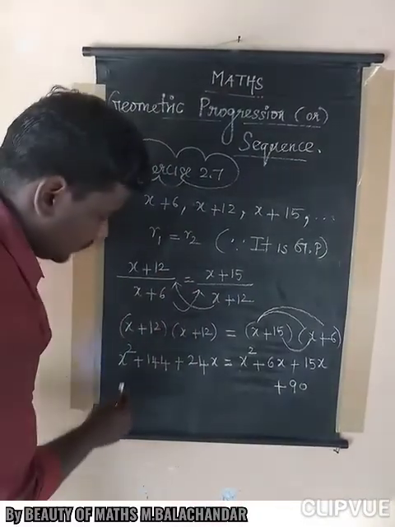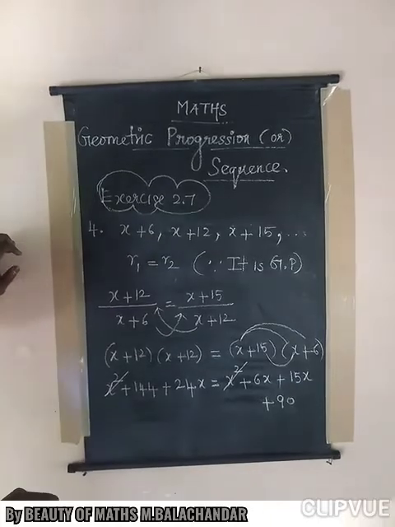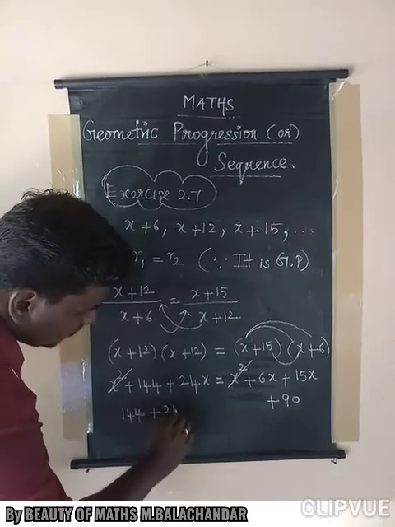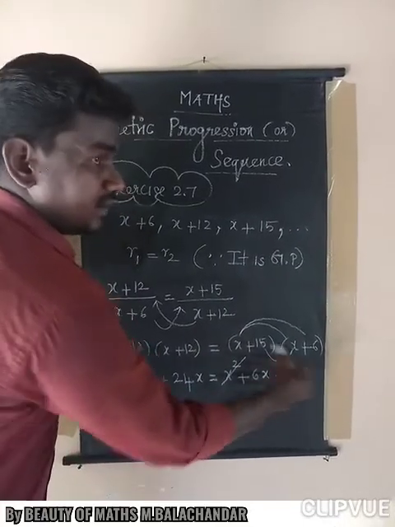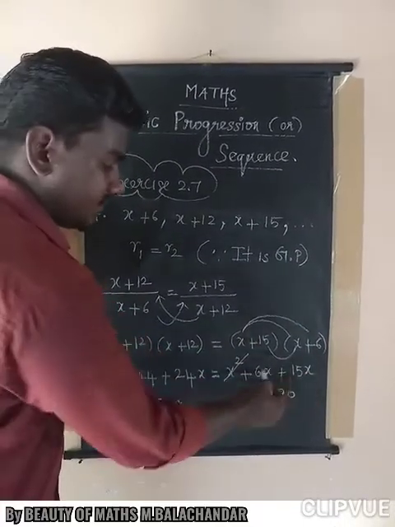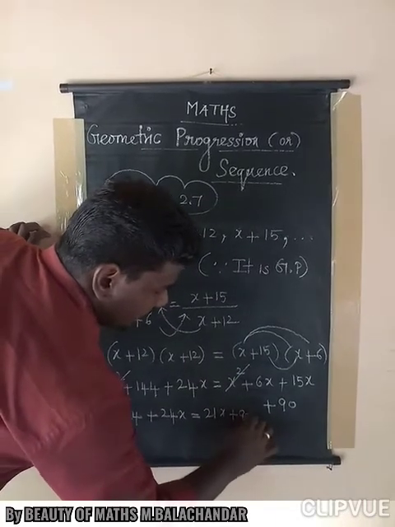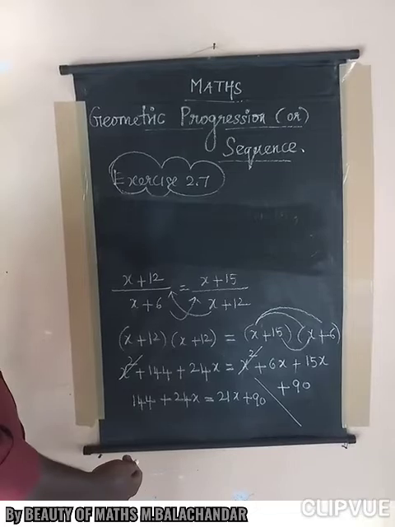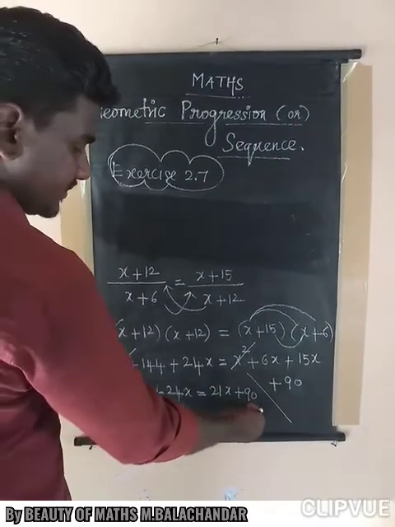Okay, so now this x square and this x square will be cancelled. So 144 plus 24x is equal to, you can add these because they are like terms, 15x plus 6x is equal to 21x plus 90.